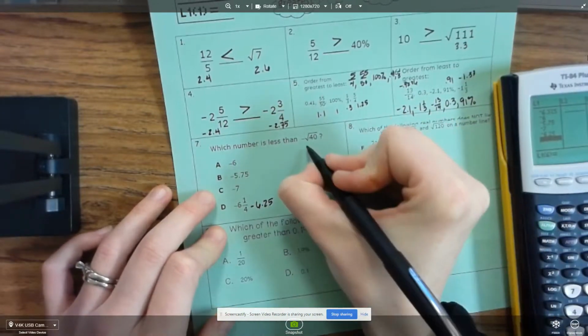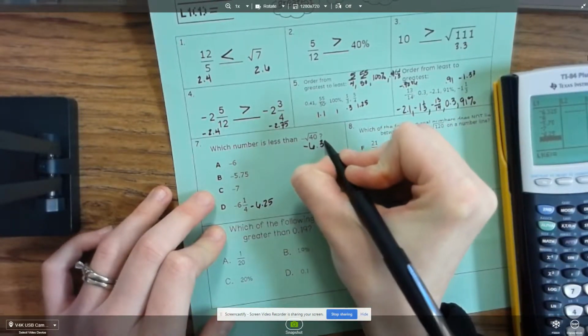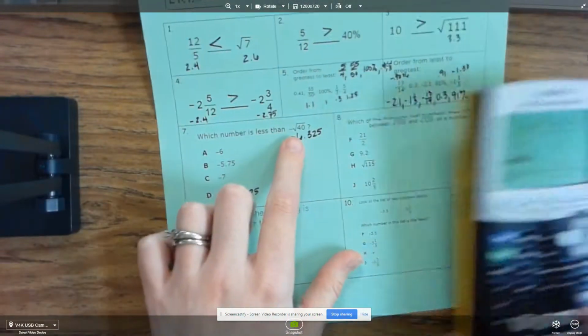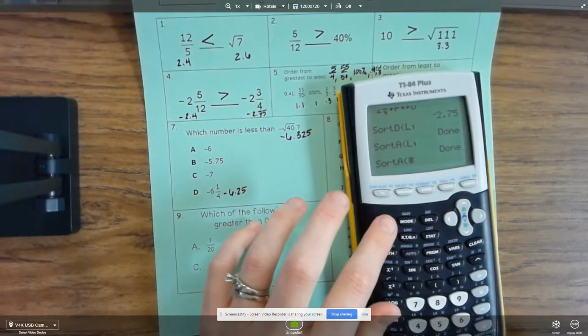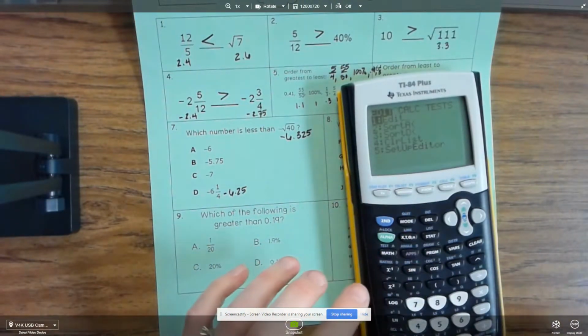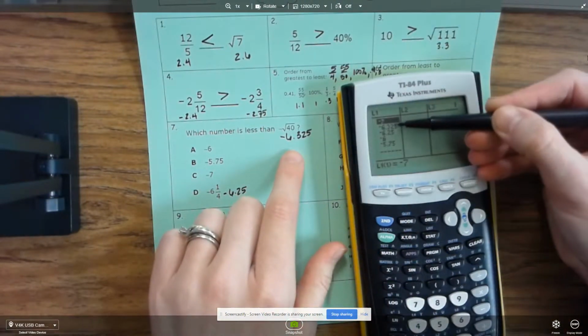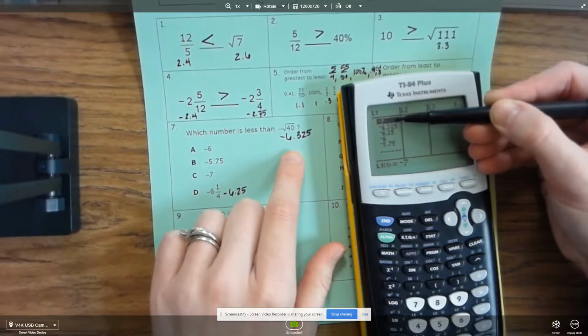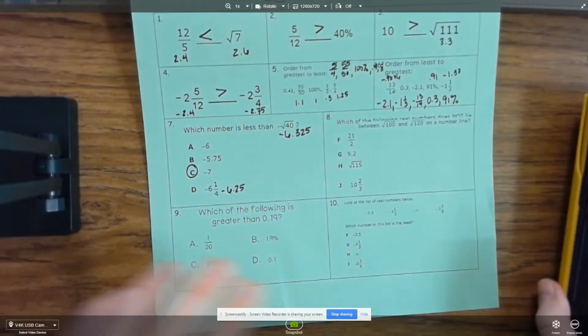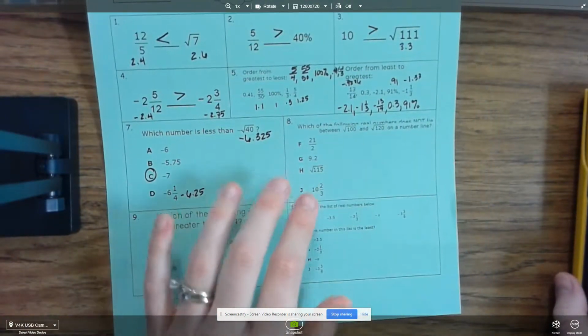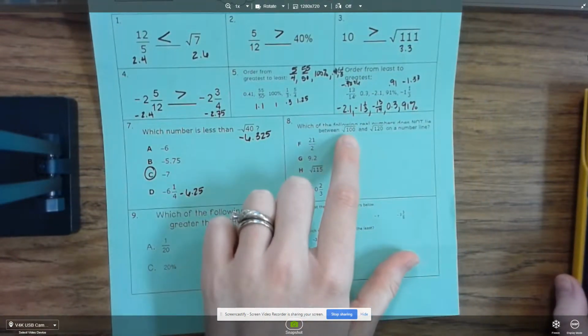The negative square root of 40 is negative 6.325. I want to know which one is less, so again, I can do ascending order. I'm going to find this number on here, and the only number above it will be the only one that is less. So negative 7.